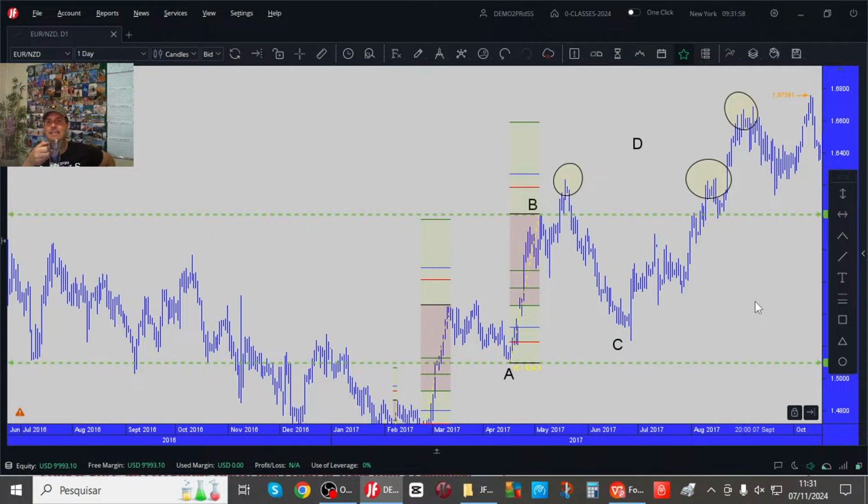The first circle, the second circle, or the third circle? Which one is the D extension?